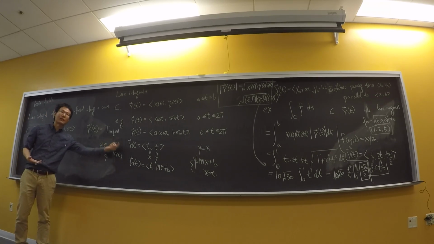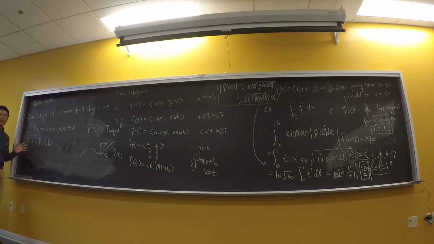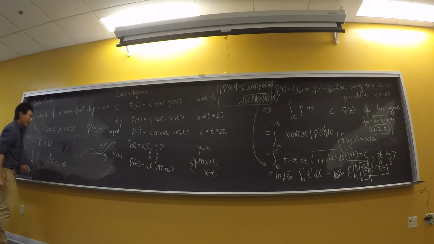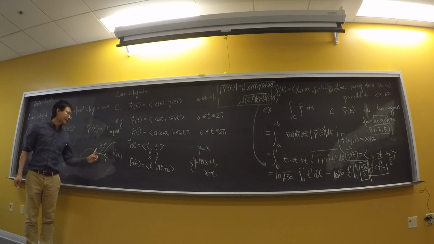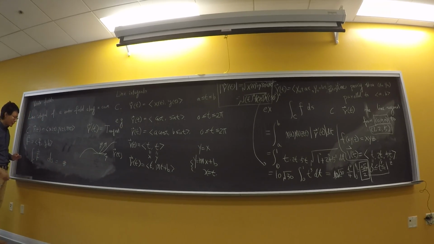One is determined by the curve. The other one is determined by this vector field. Okay? So if I want to take an integral of this vector field along this line, and in the end I want to have a number, I have to be able to get a number coming from these two vectors. And that's the only chance I can get a number, which is taking the dot product. Okay?